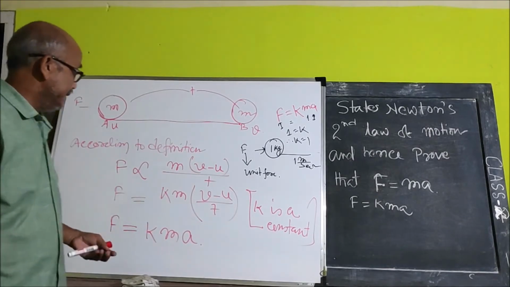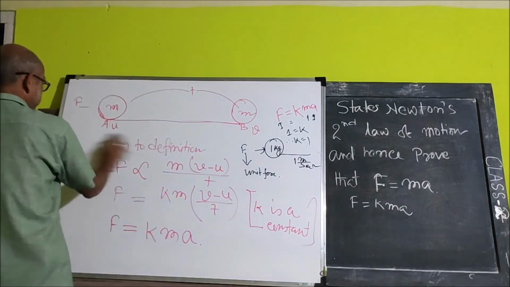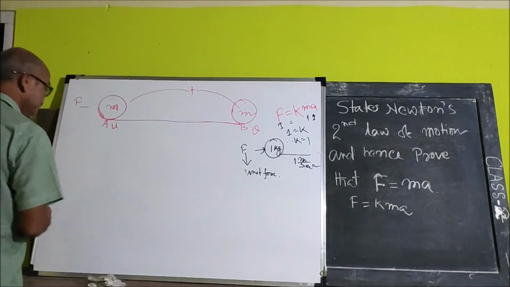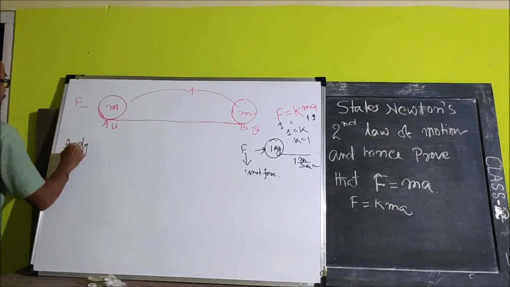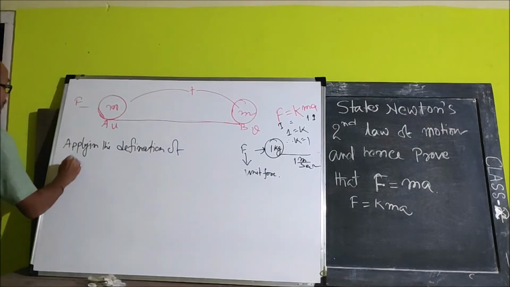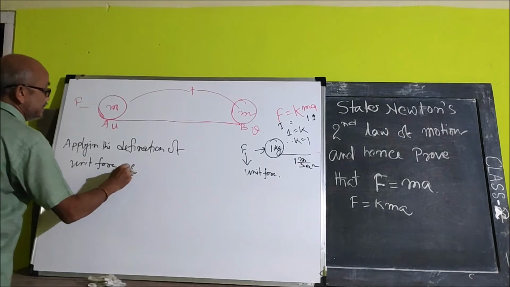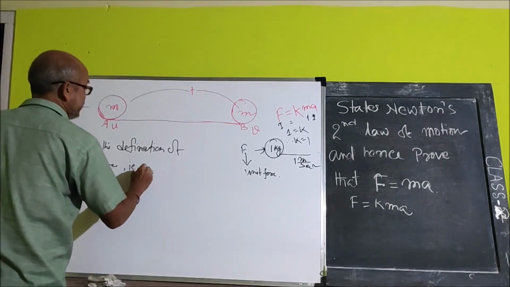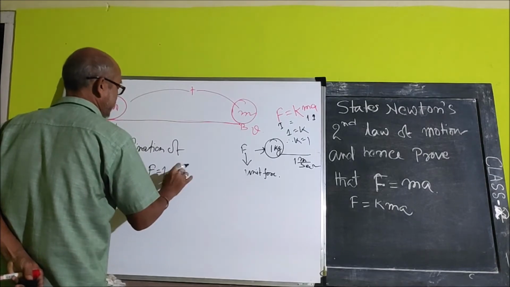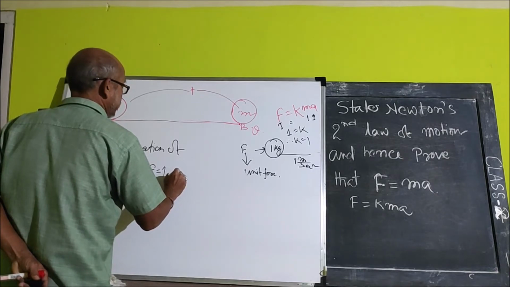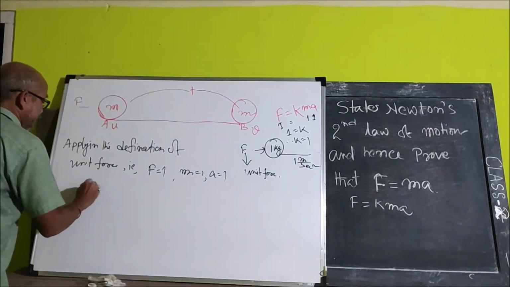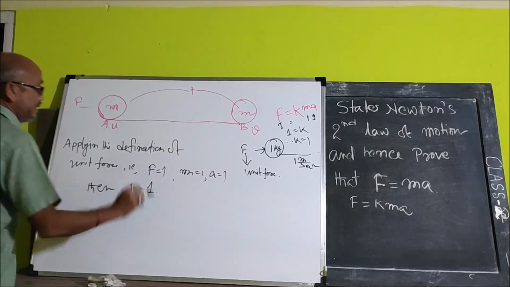Thus, applying the definition of unit force, F equal to 1 Newton, M equal to 1, A equal to 1, then K equal to 1.